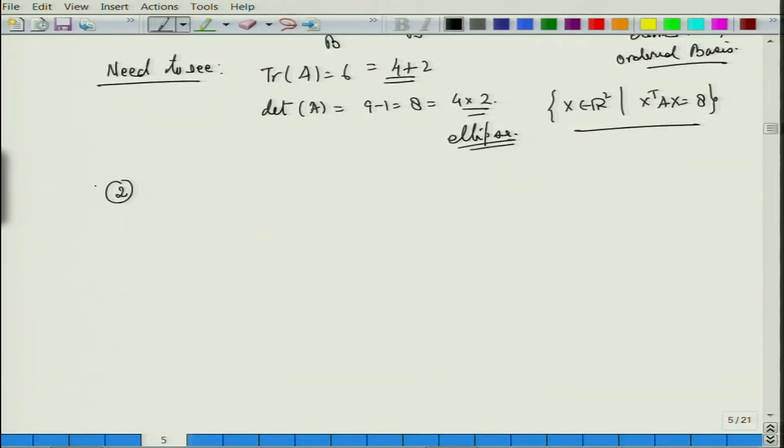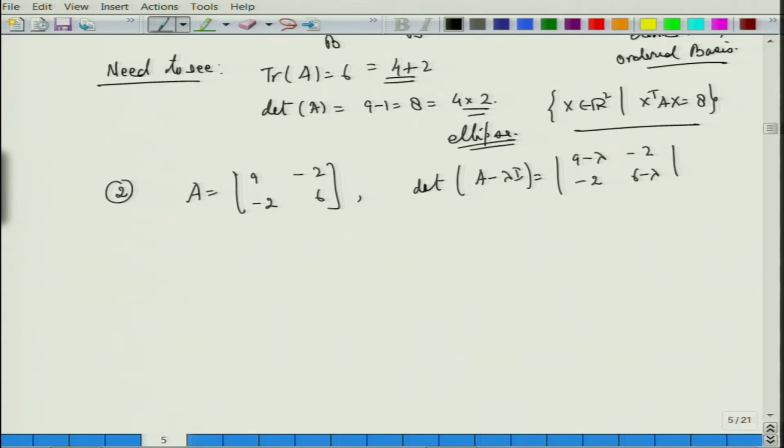So, this time I take the matrix A as [9, -2; -2, 6]. As done previously, we would like to compute the determinant of A minus lambda I, which is (9 minus lambda)(6 minus lambda) minus 4.